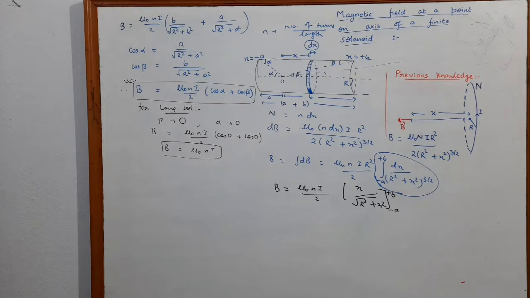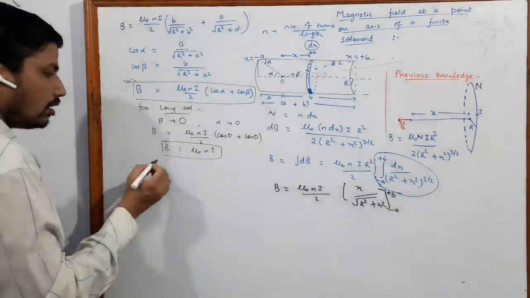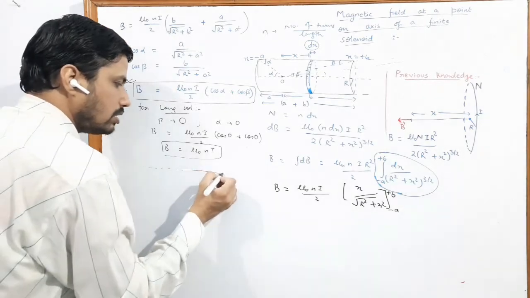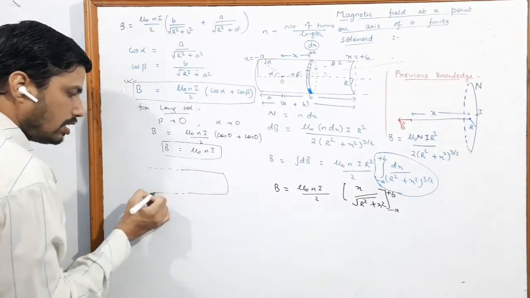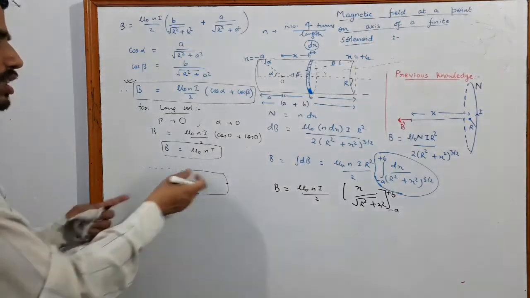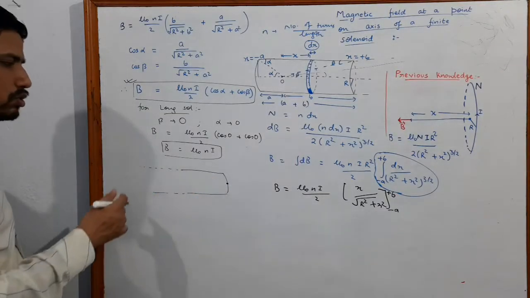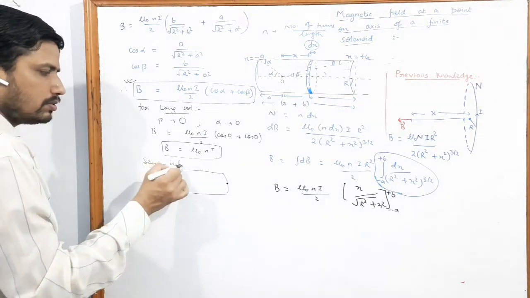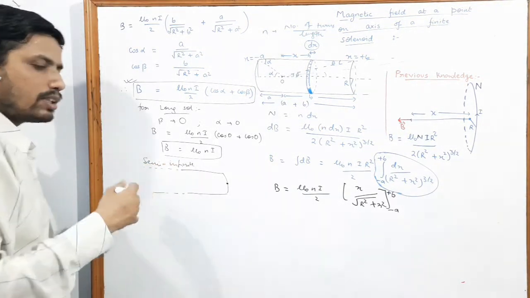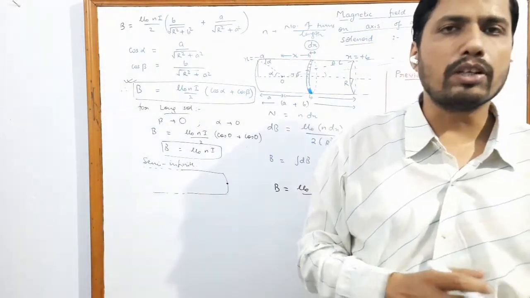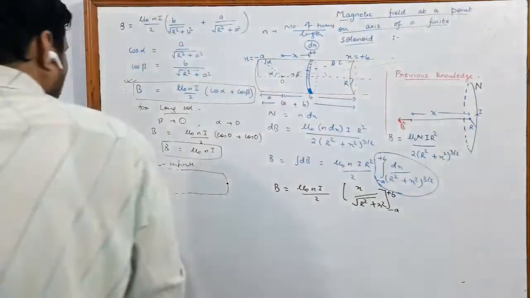Let's see one more special case. If we have a long solenoid and we are positioned, suppose, here at one end, so you can call it a semi-infinite solenoid. Clear? Or you can say the magnetic field at the end of an infinite or a very long solenoid.